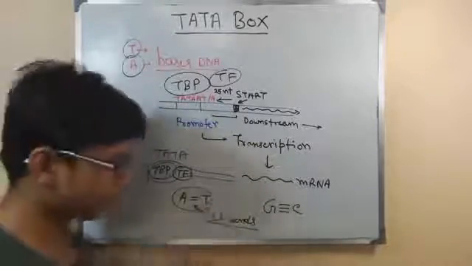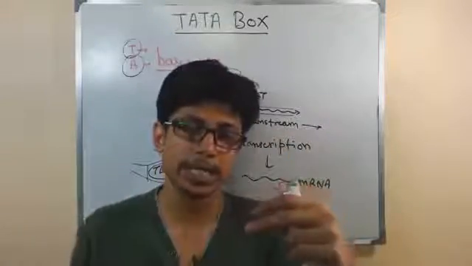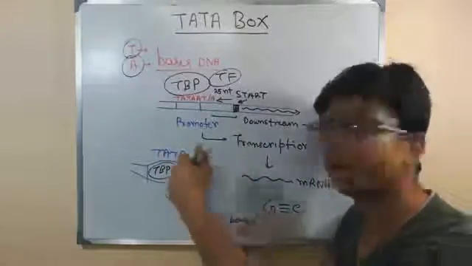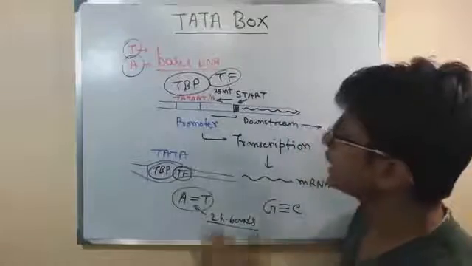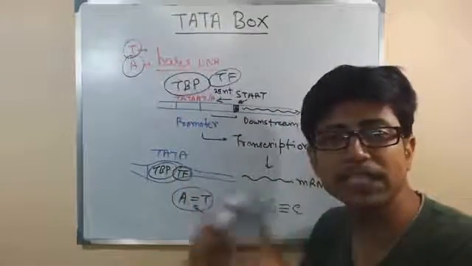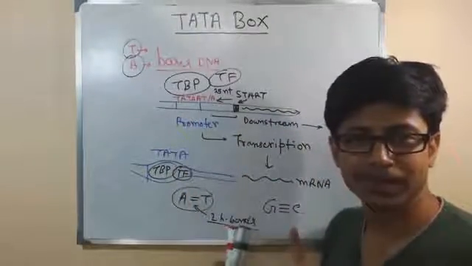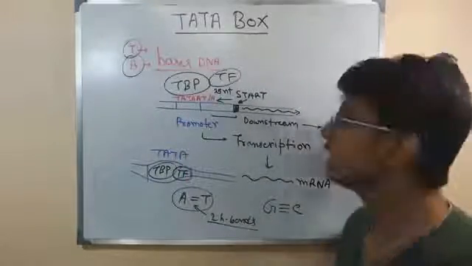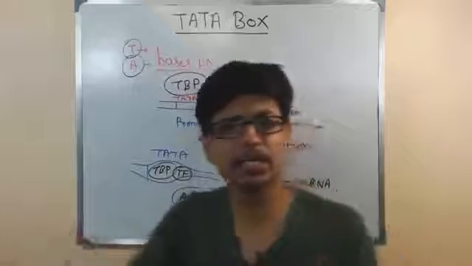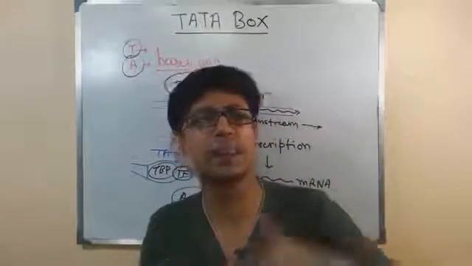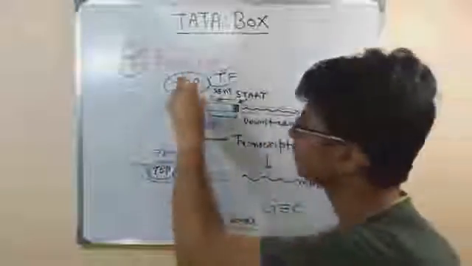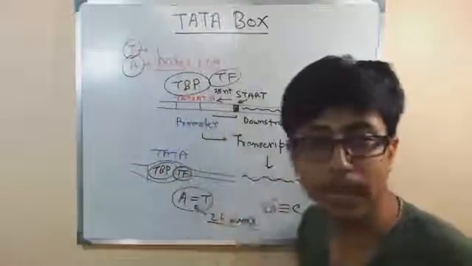So if we have a multiple AT rich sequence, it is very easy for us to unwind them, to separate the strands. That's why it consists of consecutive T and A. If it were made with G and C, it would be difficult to separate them, right? It is filled with a consecutive T and A sequence, so it's very easy to separate the DNA at this TATA box region, and that is done by the binding of TBP and transcription factors there.